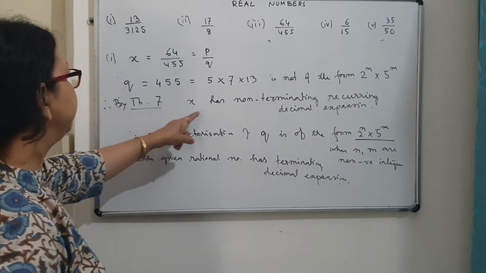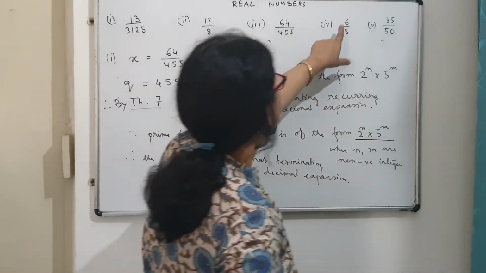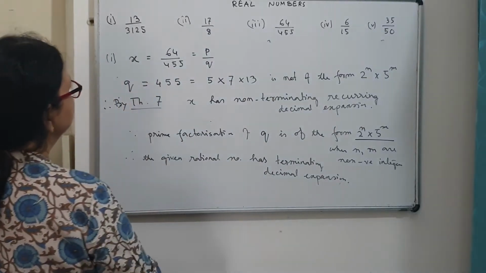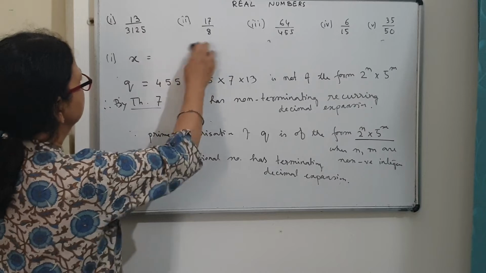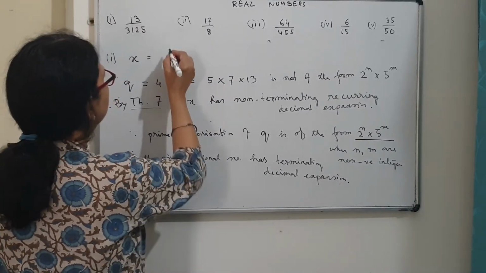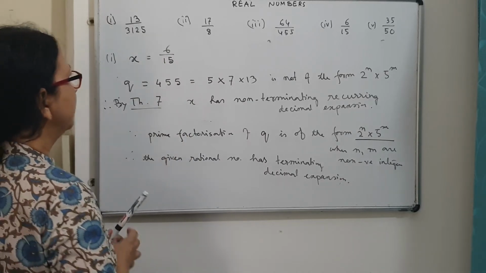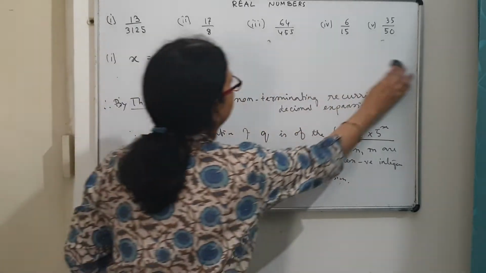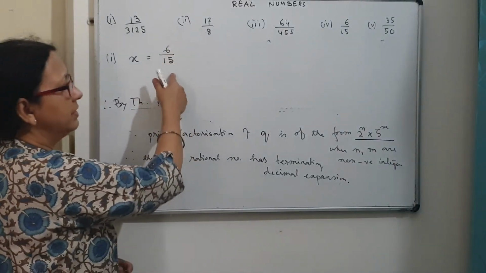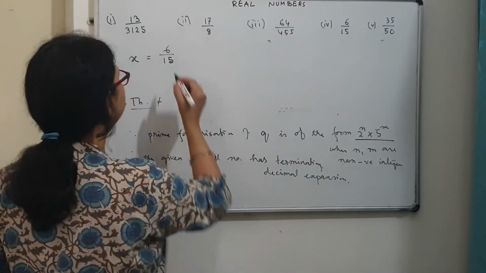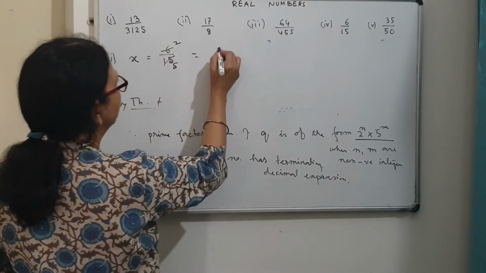So you have checked. Next, 6 by 15. Next question, you see, 6 by 15. Now here also, first you check whether they are co-prime. 6 and 15, they are not co-prime because they are divisible by 3. 6 by 3 is 2, 15 by 3 is 5, so 2 by 5.